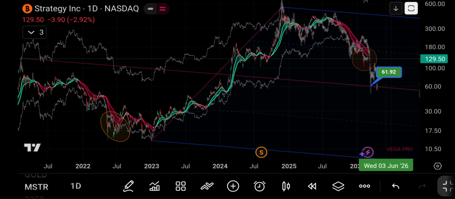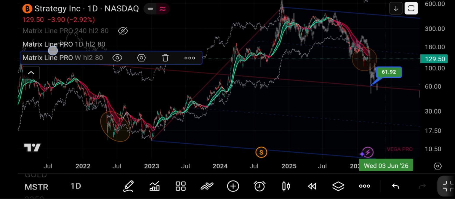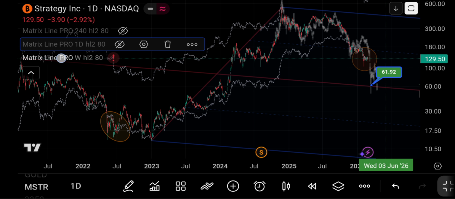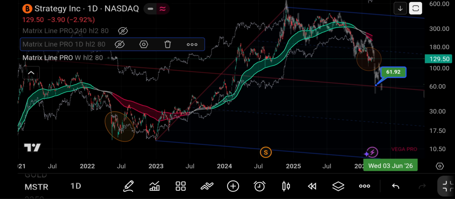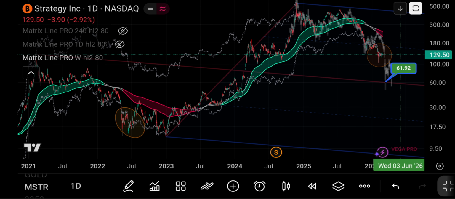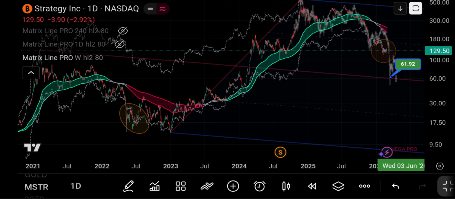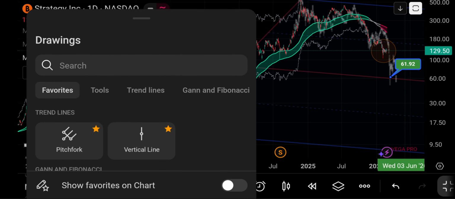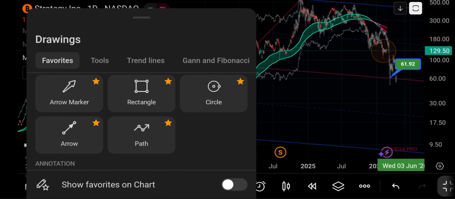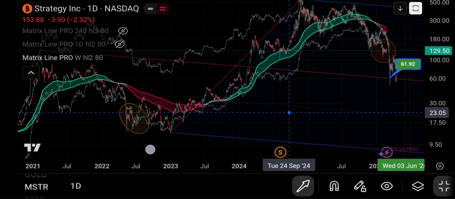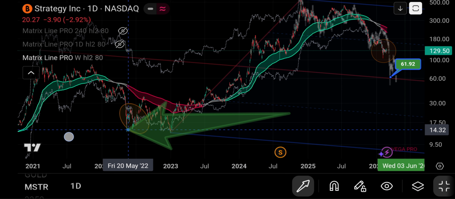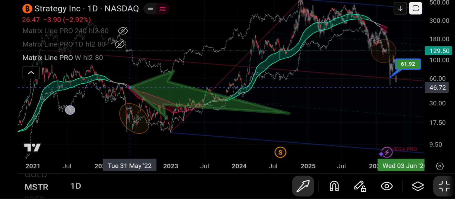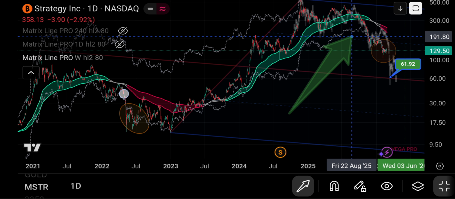Keep that in mind. Now, we have also already reached two conditions to buy. If I turn on the weekly matrix line, two conditions have been met that could mean a high purchase probability. The M-NAV is below 1 and the matrix line is red on the weekly.